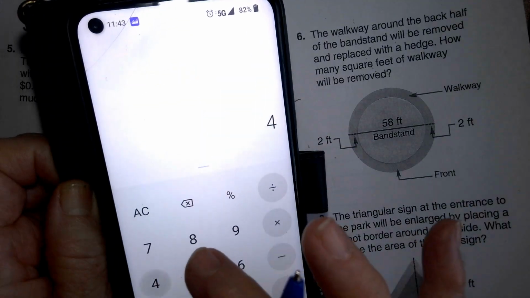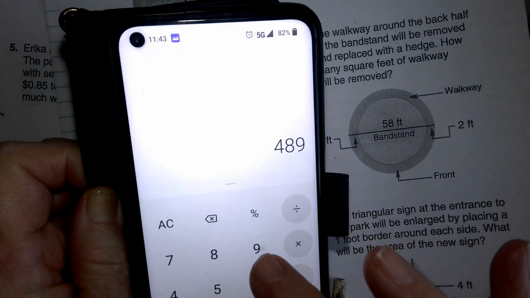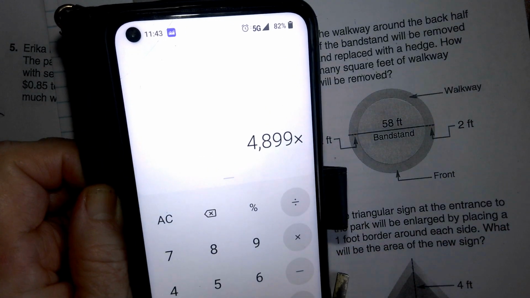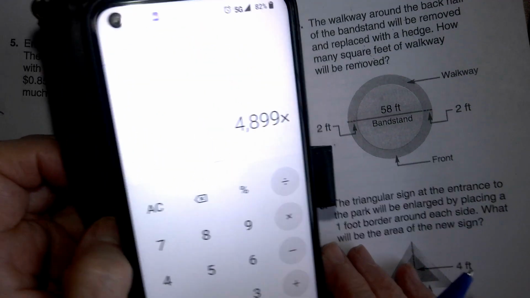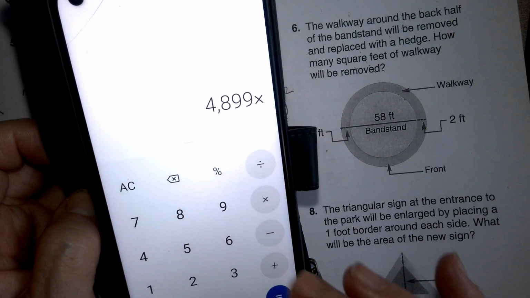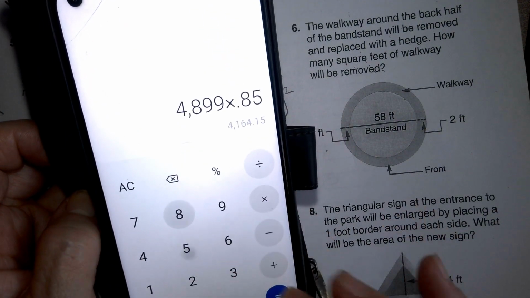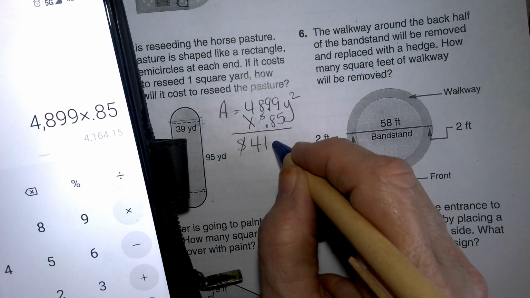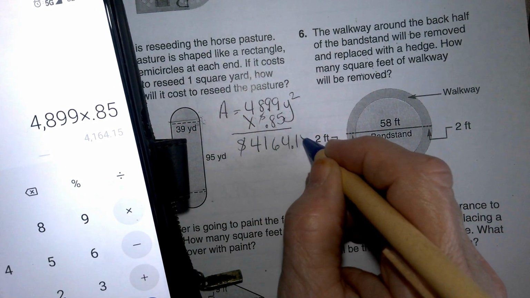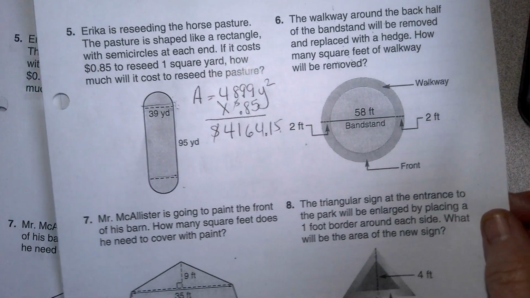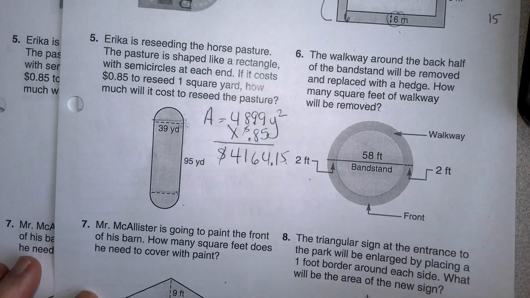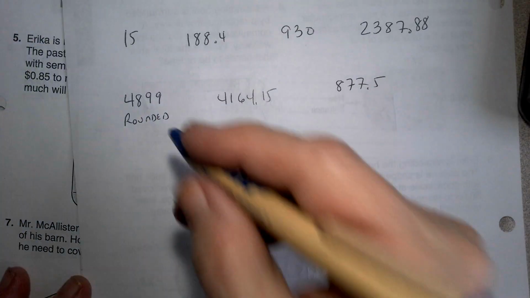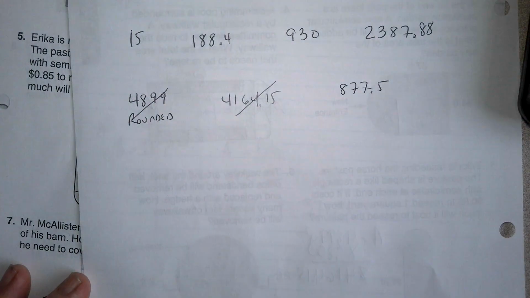So 4899 times, there's a couple here that are awful, times 0.85. And so that should come to $4,164.15. And is that answer on the back? There you go, right here. So that's those two answers right there.